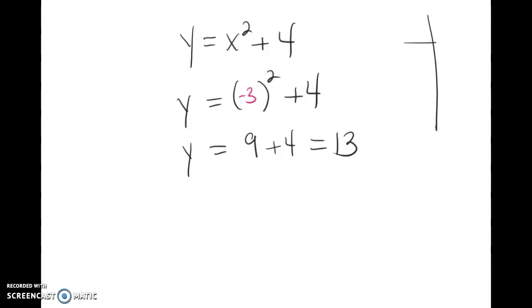So on that table, for negative 3 for x, the y would be 13. And we'll repeat this process. The next one on that list was negative 2. When I plug in negative 2 and square it, I'm going to get a positive 4. And I end up with (negative 2, 8).